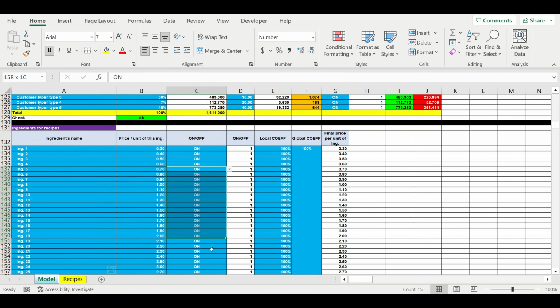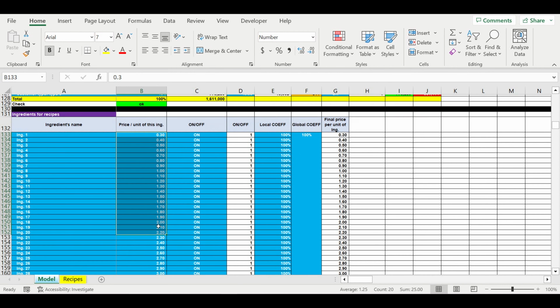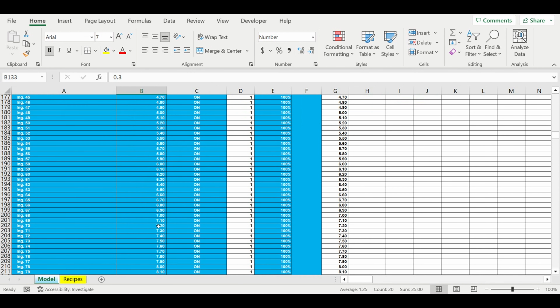We can switch on and off different ingredients from calculations, and we have global and local coefficients for ingredients for future scenario modeling to see what will happen if some ingredients will grow or the price of some ingredients will decrease. So for that stuff we have these coefficients to avoid playing with the inputs themselves, direct inputs, so we can save a lot of time.